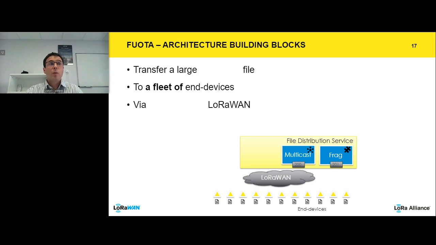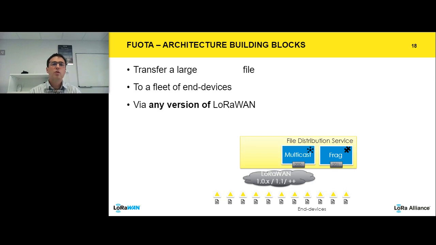One more requirement we added was to be able to send a file to end devices over any version of LoRaWAN. As you might know, the LoRaWAN link layer has several versions already. We are discussing LoRaWAN 1.0.4 these days, and 1.1 is also available.